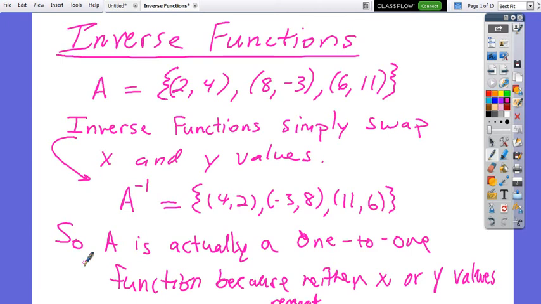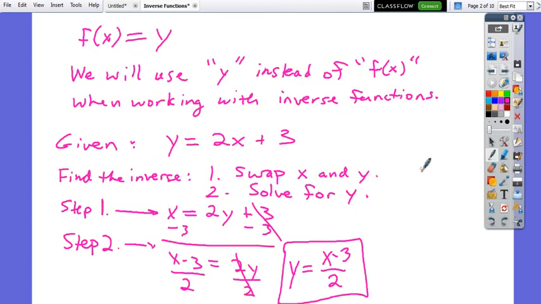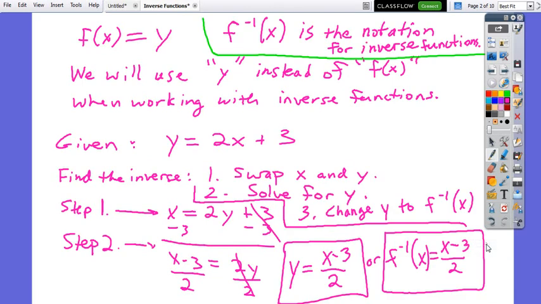Okay, let's take a look at the next slide. If you remember from the previous slide, we said that A to the -1 represented the inverse of relation A. Well, when it comes to functions, we're going to say that f to the -1 of x is the notation for inverse functions.